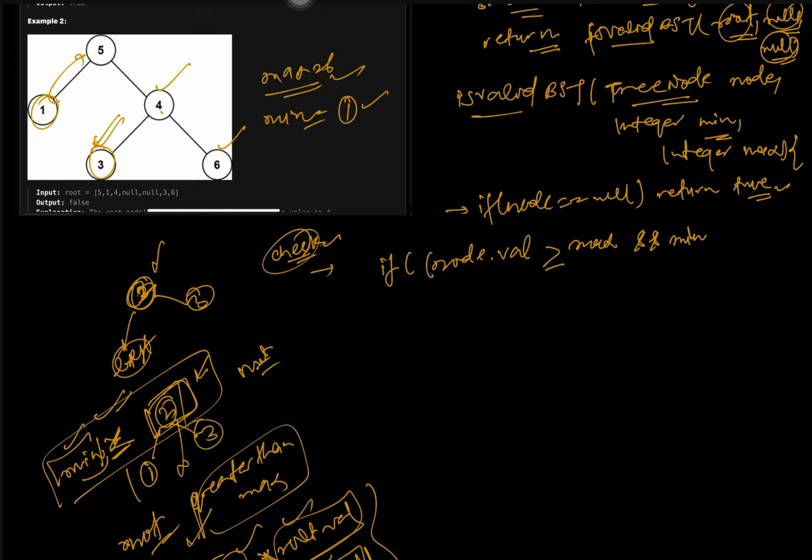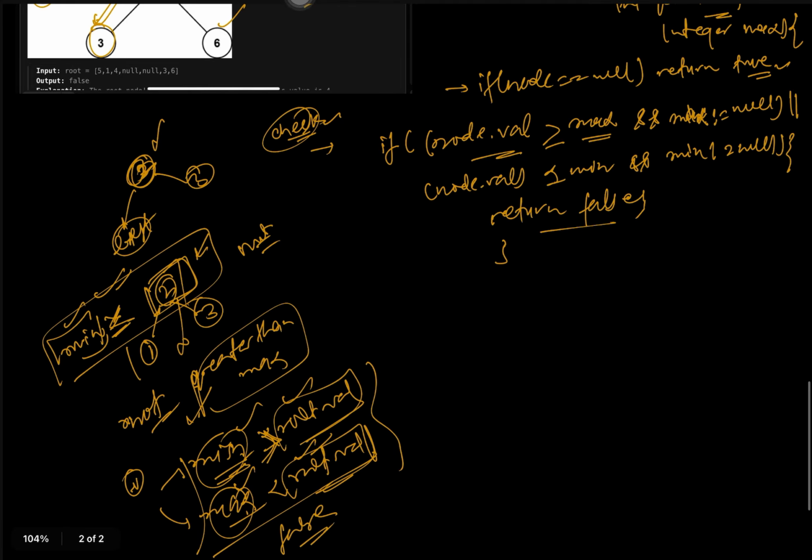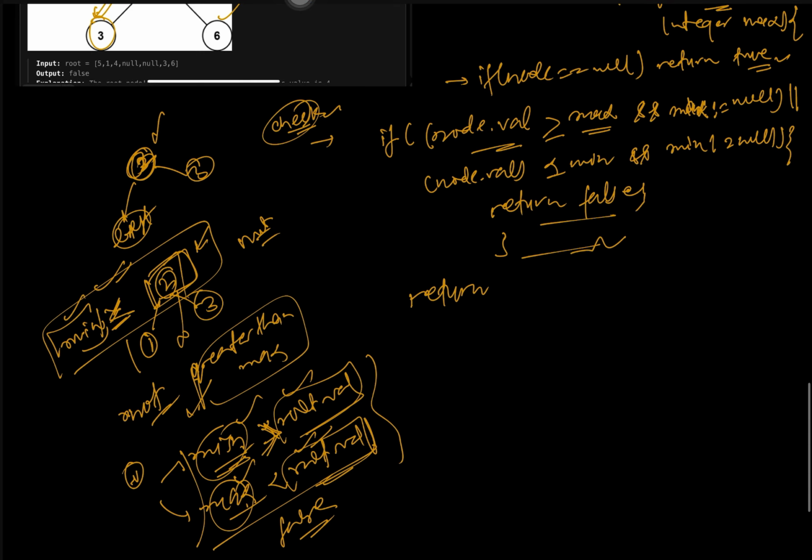If min is null, then it's okay. But if max is not null and node dot value is greater than max, then this is not okay. Or if node dot value is less than or equal to min and min is not null, then this is a condition of false. So in this case we return false.